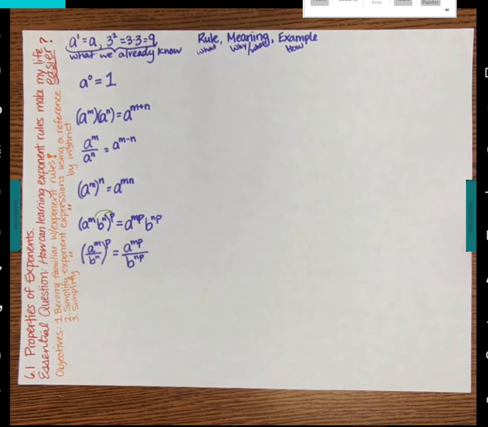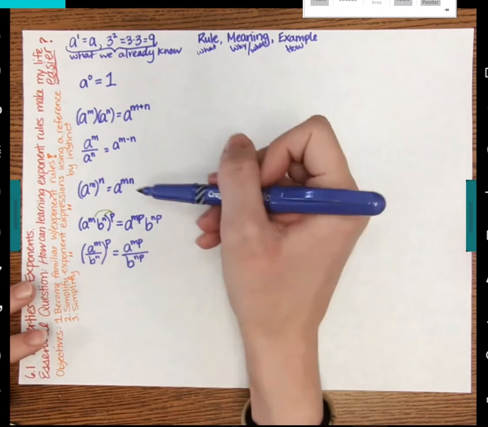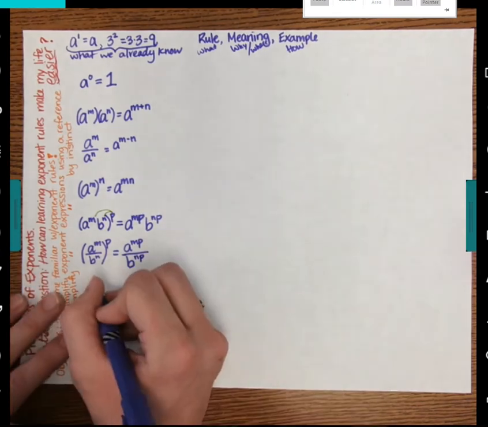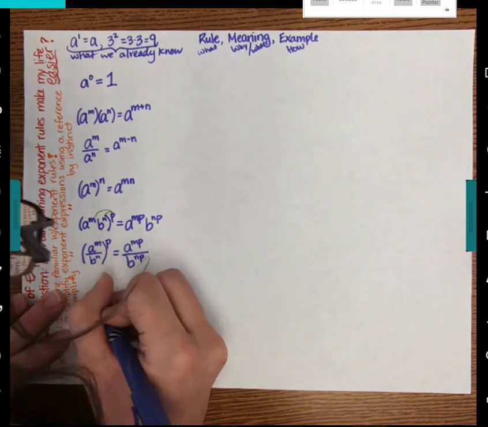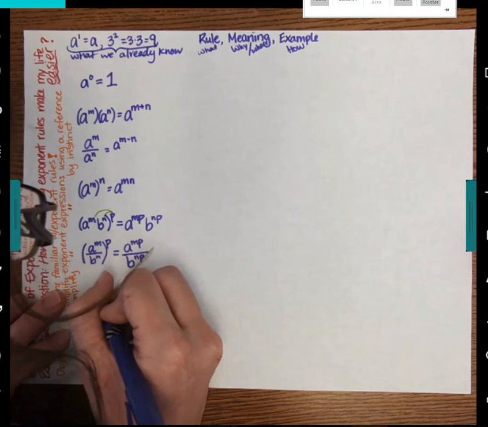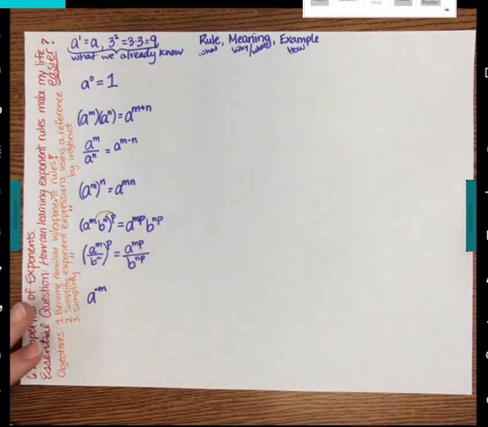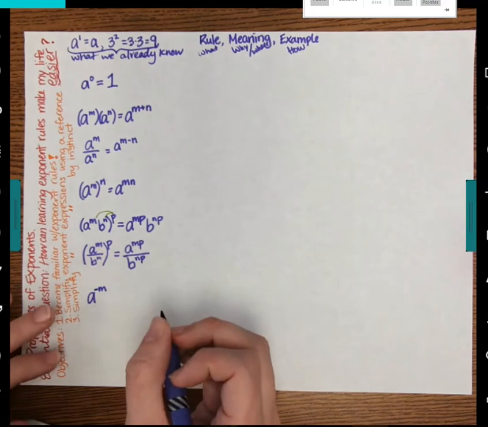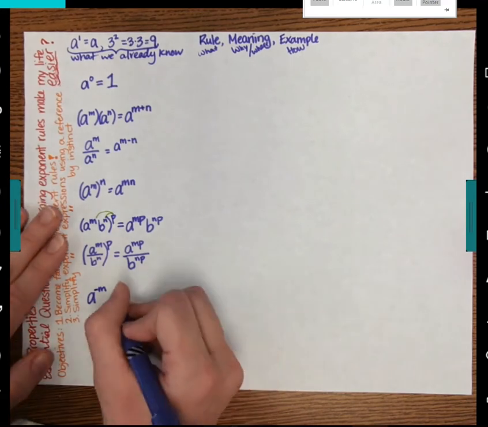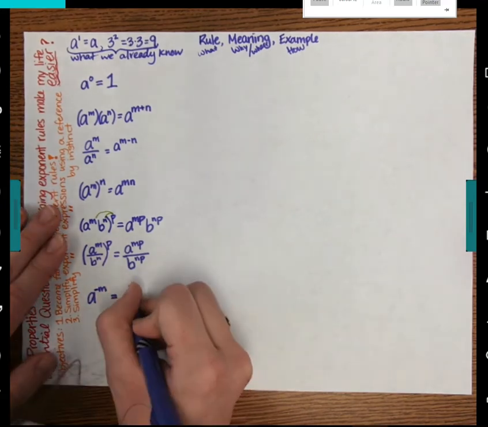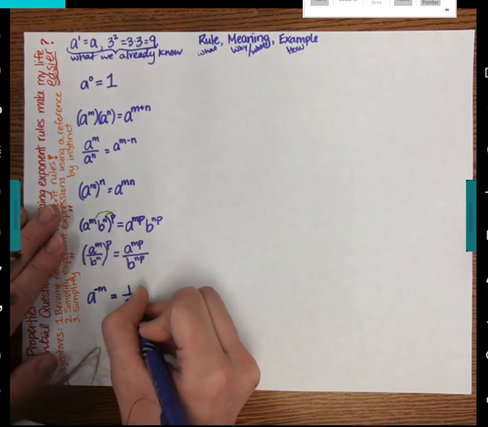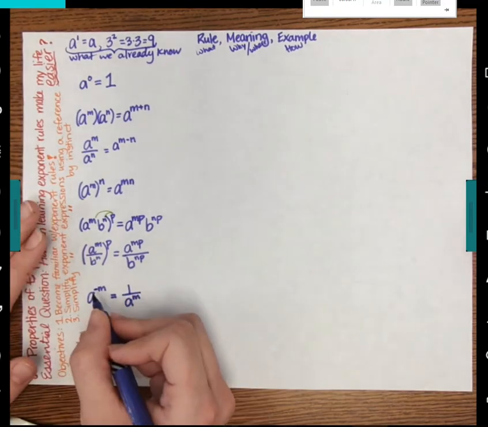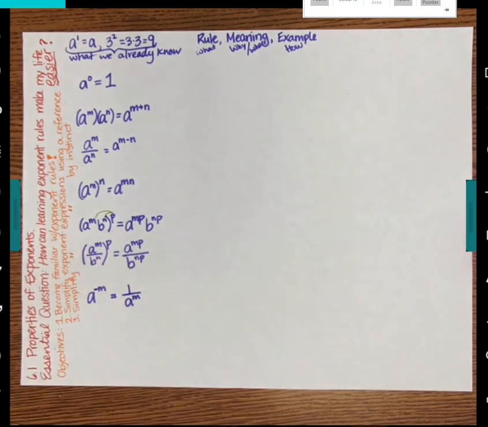And then at the bottom, we have one rule which we're going to look at in two different ways, kind of like we looked at this rule in multiple ways. So it's that negative powers, the little negative is like a ticket to get the whole exponent across the fraction bar. So a to the negative m equals 1 over a to the m. That negative power, the negative is just a ticket.